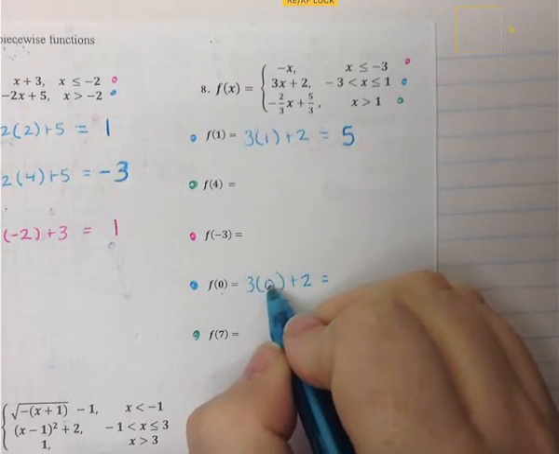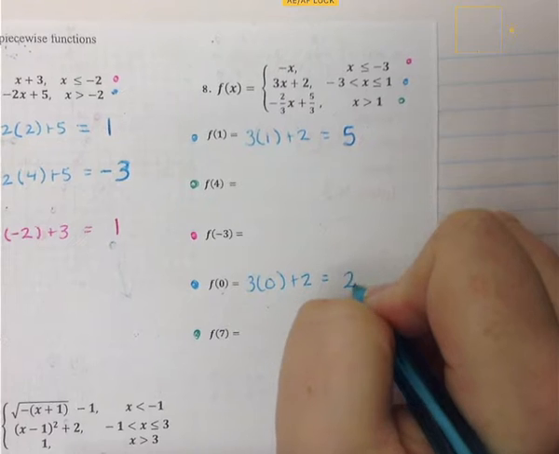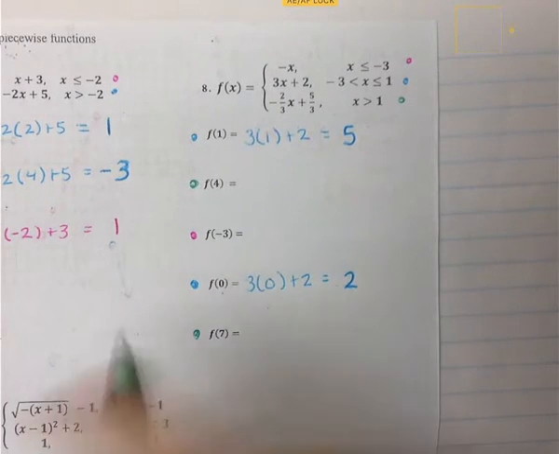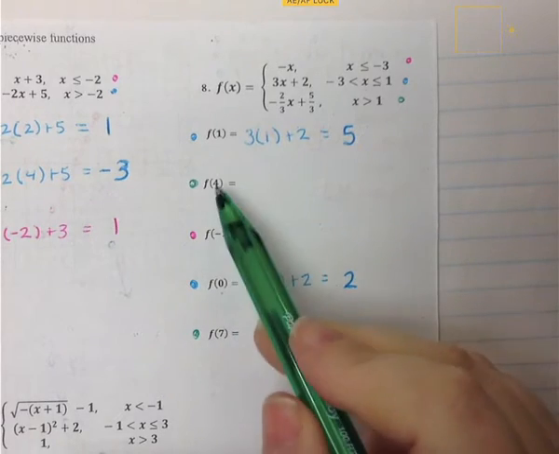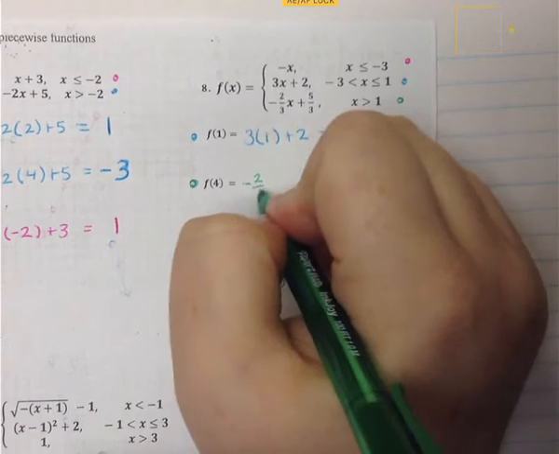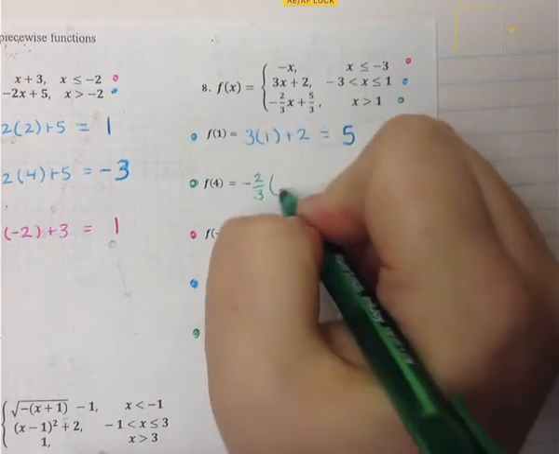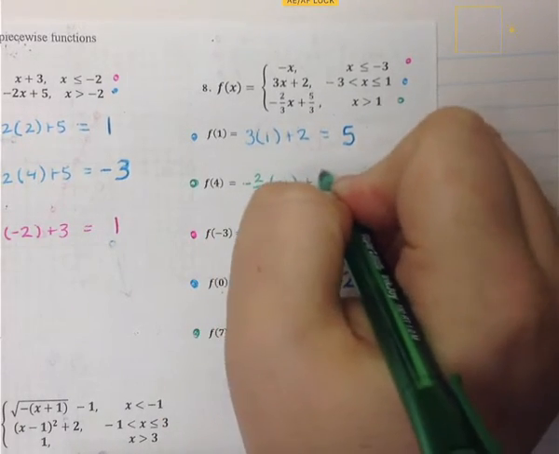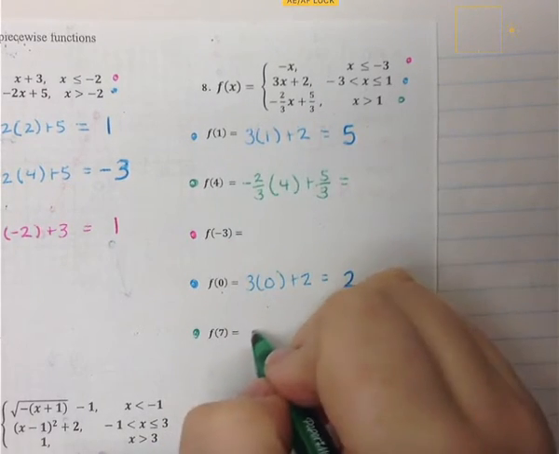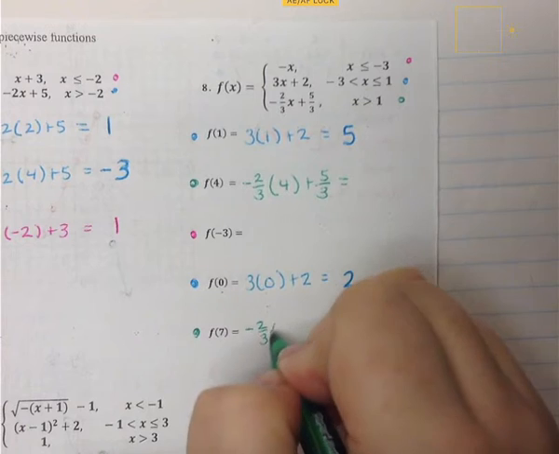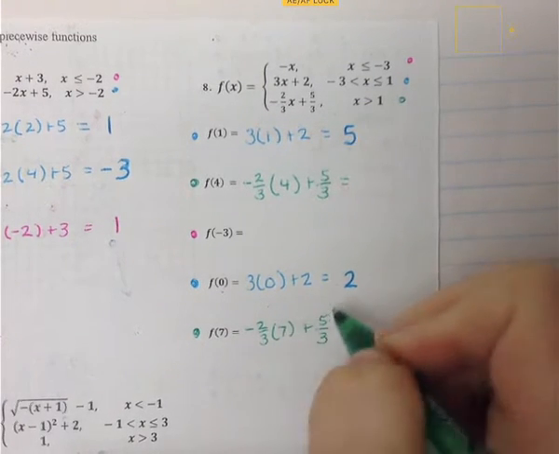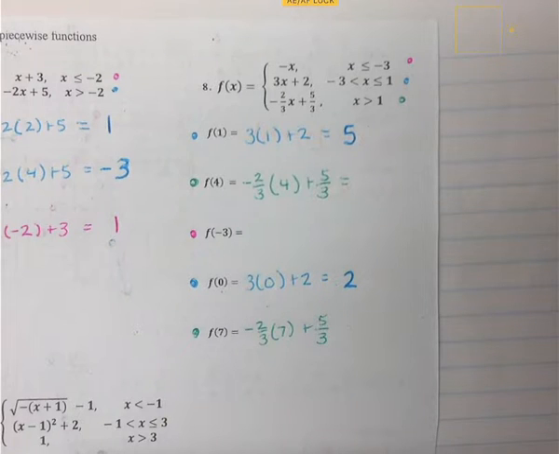Then 3 times 0 plus 2 is 2. So we've evaluated those. Then I'll do the green. We have 2 green ones. The green went with negative 2 thirds times 4 plus 5 thirds. And we also have this one, negative 2 thirds times 7 plus 5 thirds. And you can put this in your calculator.